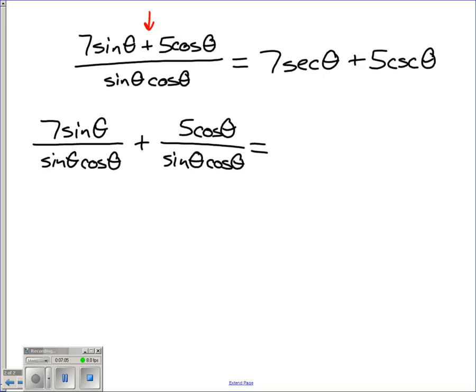Now again, separating it like this, you can see the factors that are going to divide. And so we can take the sine of thetas in the first fraction. We can take the cosine thetas in the second fraction, divide those out. And so what we have is 7 over cosine theta plus 5 over sine theta.